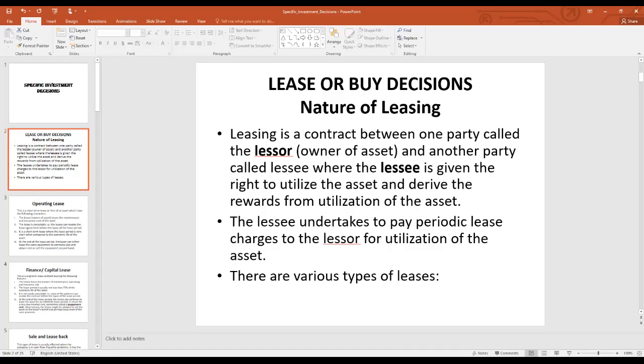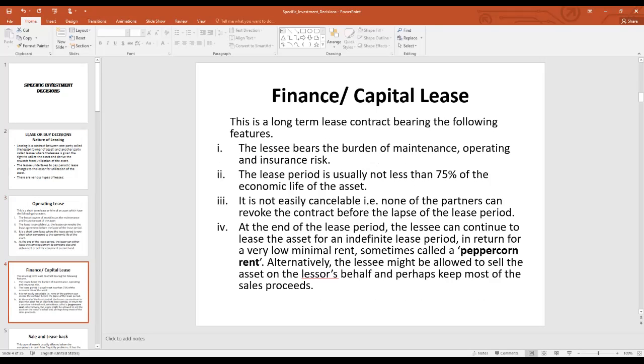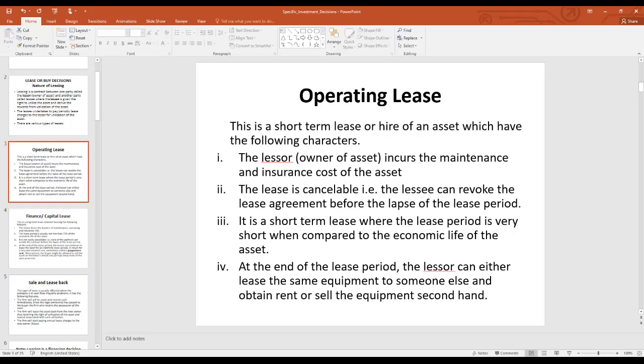Okay, so generally, I think you may have discussed this in your accounting, the different lease contracts we can have. We have the operating lease, we have the finance lease or capital lease, and we have what we call sale and lease back. So we just make a mention: the accounting standard normally defines what we call the operating lease.